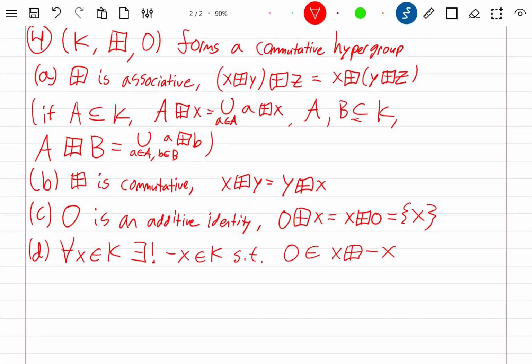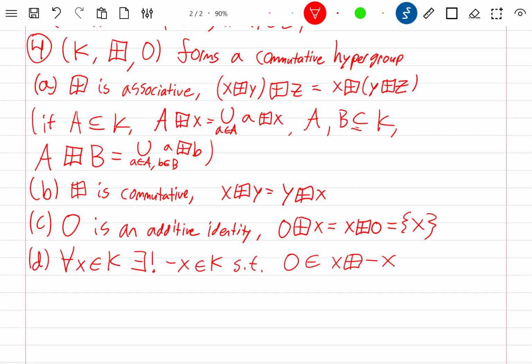And this should look like all the group axioms. However, there is an additional axiom called the reversibility axiom, which says if I have some element x, and it's in the sum y plus z, this is true if and only if, so if we think of this as an equation like x is equal to y plus z, well, I could subtract y from both sides, and I could also subtract x from both sides.